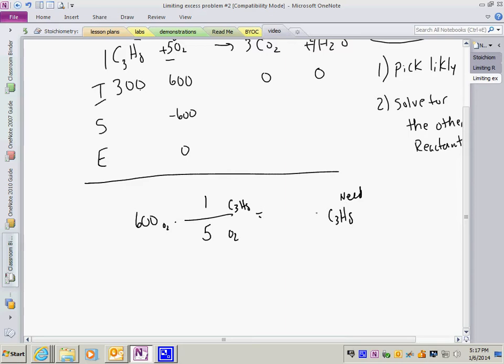How many of these guys do I need? So 600 times 1 divided by 5 equals 120. Okay, 120 propanes are needed, minus 120, and then I have an excess of, looks like about 180.